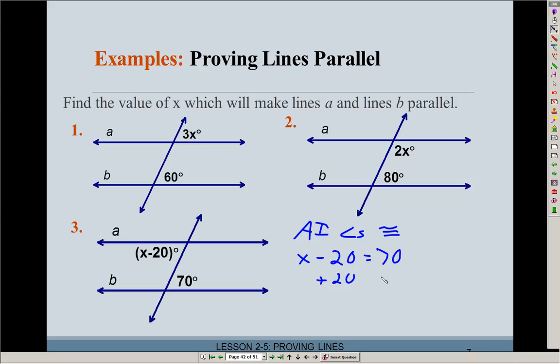Add 20 to each side. And x is 90. When x is 90, these angles are congruent, and that makes the lines parallel, because alternate interior angles need to be congruent to make the lines parallel.